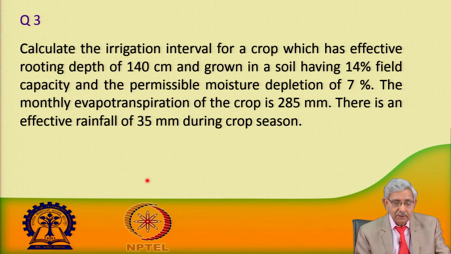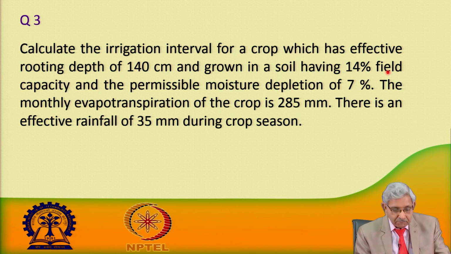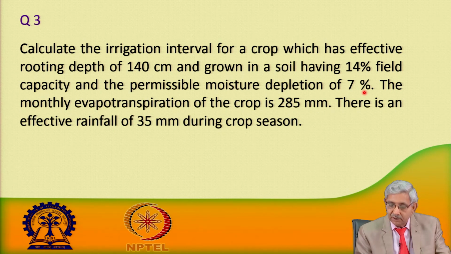Question 3 is we are required to calculate irrigation interval for a crop which has effective root zone depth of 146 centimeter, grown in a soil which has field capacity of 14% and the permissible soil moisture depletion of 7%.